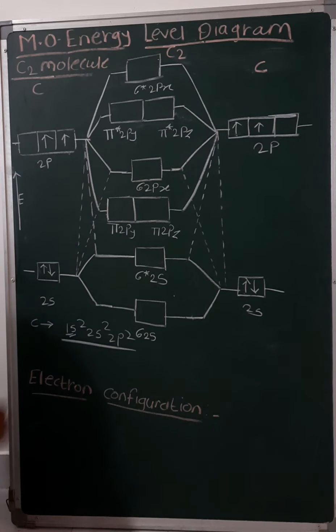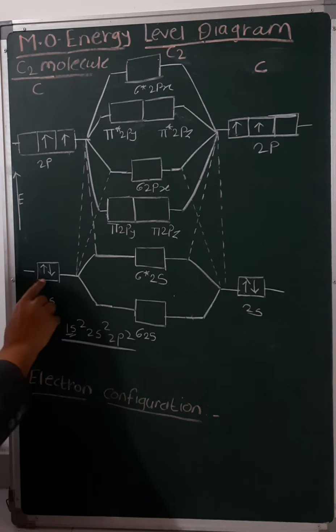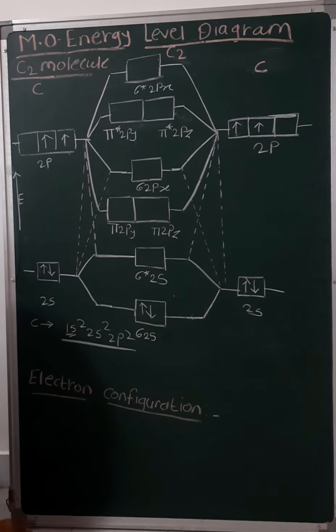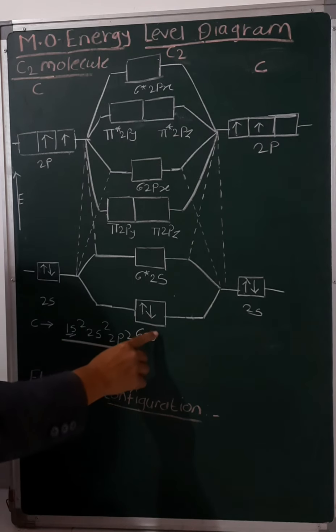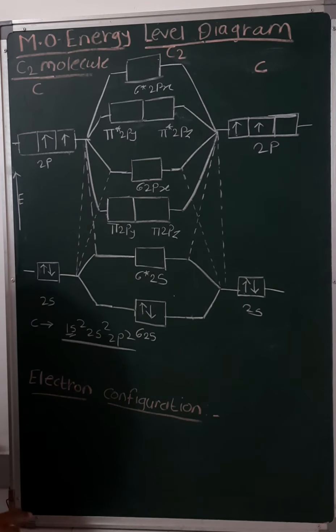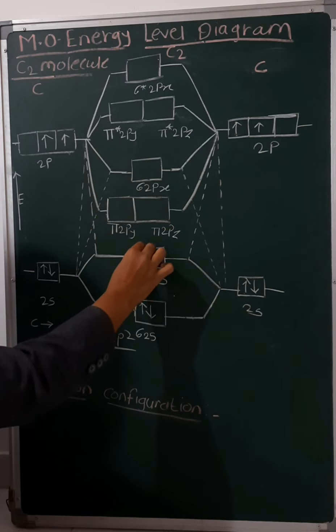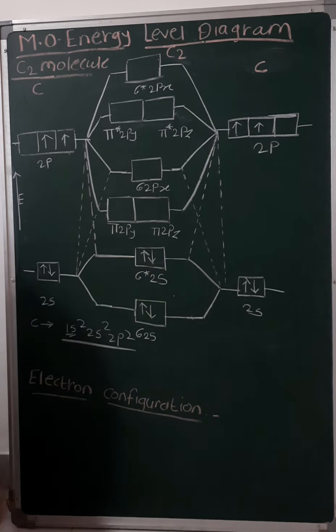The electron filling takes place according to Hund's rule of maximum multiplicity and the above principle. In the 2s orbitals there are a total of 4 electrons. Firstly 2 electrons go to the sigma bonding molecular orbital because it has less energy. If it is filled, then electrons go to the anti-bonding molecular orbital.